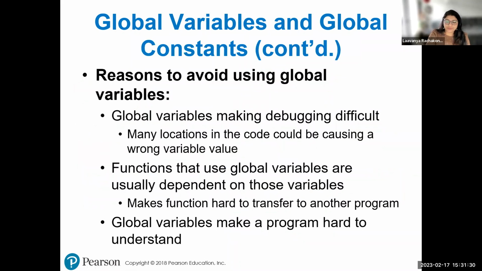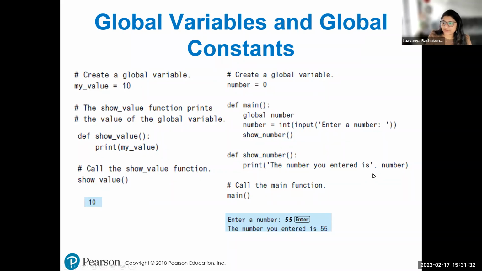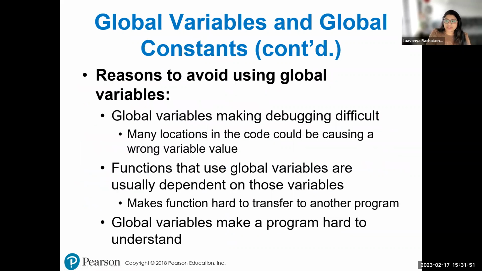So you can already see the problems with this, right? Let's say you are not expecting anyone to change this global variable and you want that to be a fixed number. In that case, you cannot do that, because any function can just change the existing number or use the existing variable name. That is the main disadvantage. There are certain reasons to avoid global variables as well.